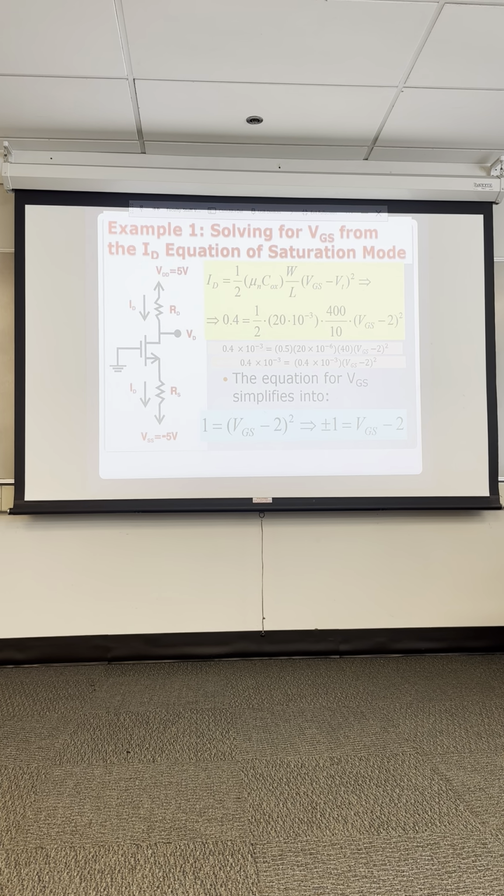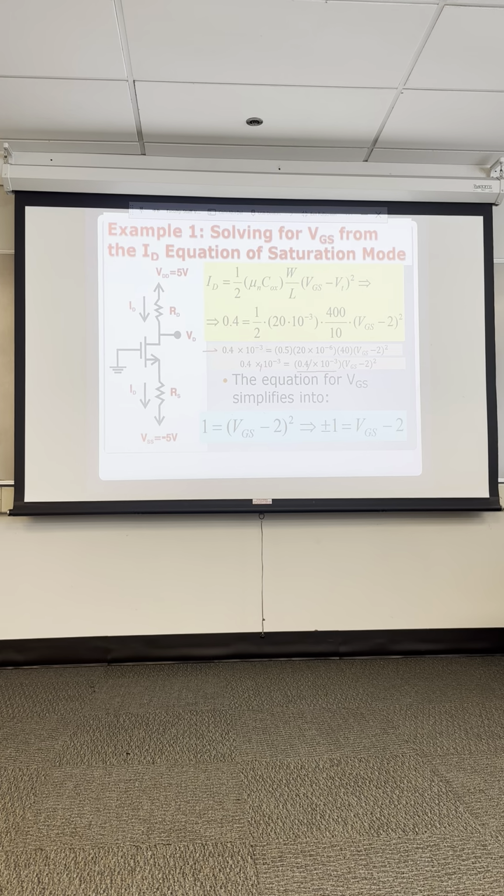So here's the intermediate step: 0.4 times 10 to the minus 3 is equal to 0.5 times 20 times 10 to the minus 6 times 40. And that term turns out to be 0.4 times 10 to the minus 3. That cancels here, and we're left with V gate to source minus 2 squared equal to 1.